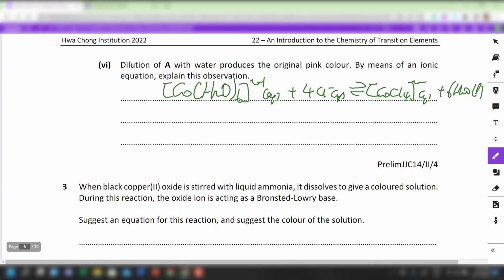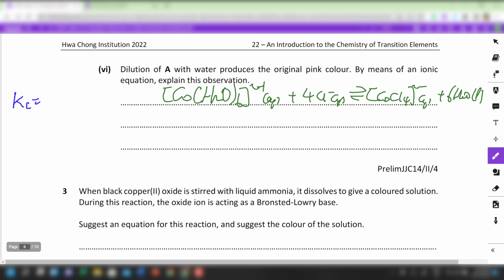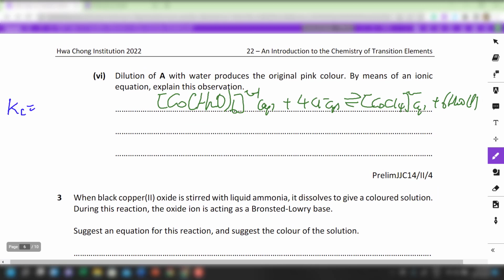So I'm just going to use the little bit of empty space here to discuss. What we have is we can write out a Kc expression. So the Kc expression for this will be CoCl4 2 minus to the power of 1, divided by the hexaaqua cobalt 2, so Co(H2O)6 2 plus, and then Cl minus to the power of 4.